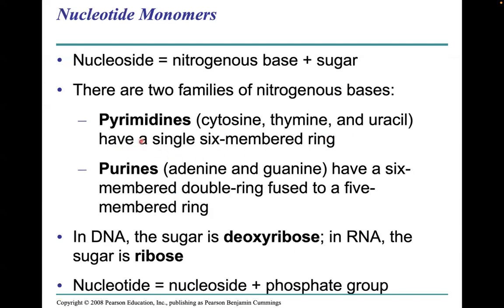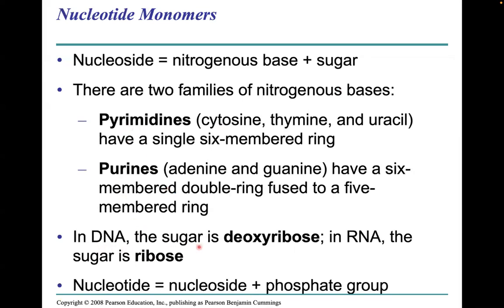What is unique about the pyrimidines is they have a single 6-membered ring, not a double ring. The purines, adenine and guanine, have a 6-membered ring fused to a 5-membered ring. So I want you to always remember this: the purines have a double ring, while the pyrimidines have a single ring.